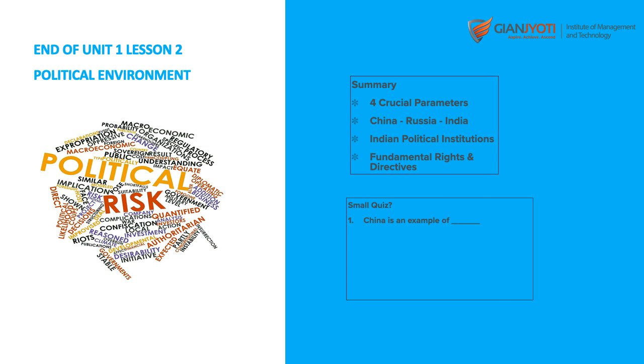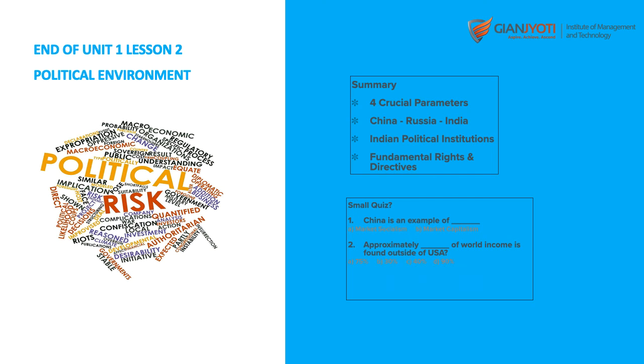The first question is, China is an example of, I give you choices here, market socialism or market capitalism. Question number 2, approximately how much of world income is found outside of USA? What percentage of income is found outside USA?